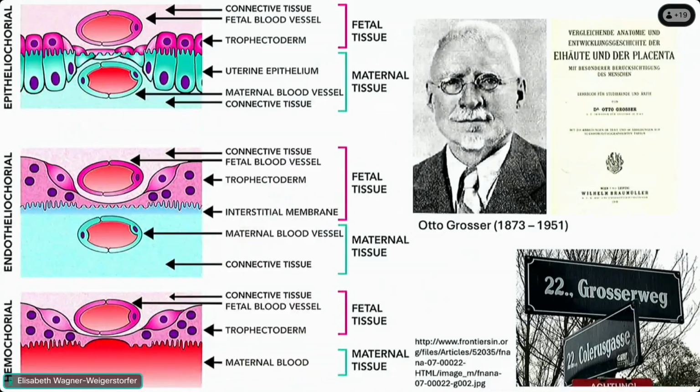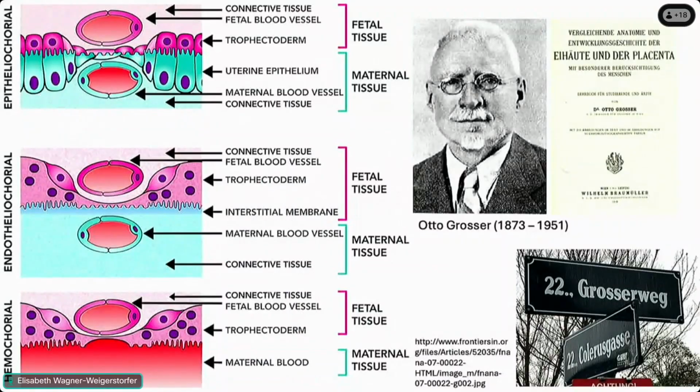Just a little bit of terminology. I already talked about hemochorial placentation before, but there are other forms where, for instance, the embryo is directly contacting the epithelium of the uterine lining of the mother. That's called epitheliochorial, which we find, for instance, in pigs or other farm animals.